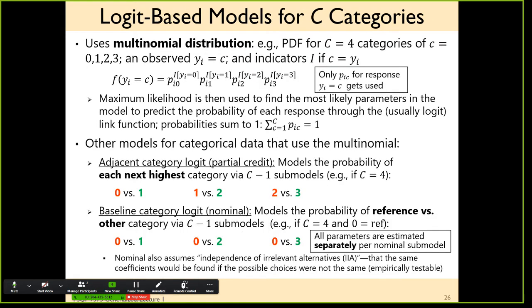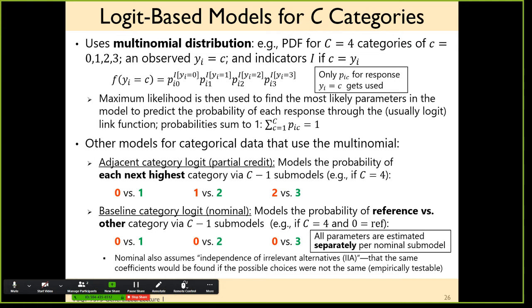And then the other one that we haven't seen the example for yet, baseline category, it's like dummy coding your outcome. One of your outcome categories is the reference for the model, that's like the 0. And then you have a submodel comparing each other outcome to that one. So it's not cumulative. It's, I want to say conditional, but that's not a very specific word. Like, each of these submodels, there's a word and I can't come up with it.